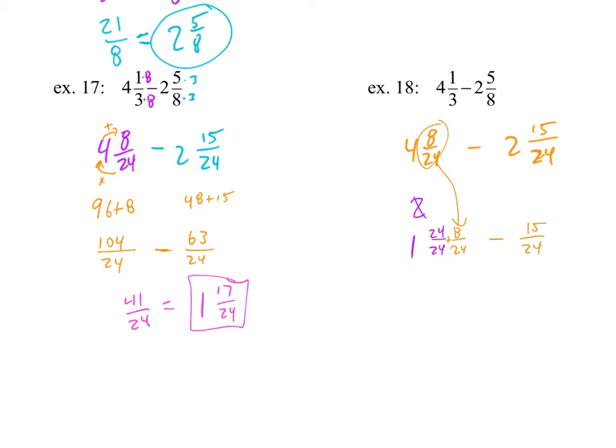Right, it just gets a little harder that way. So I end up with 1 and 32 24ths minus 15 24ths gives me 1 and 17 24ths. We get the same answer.